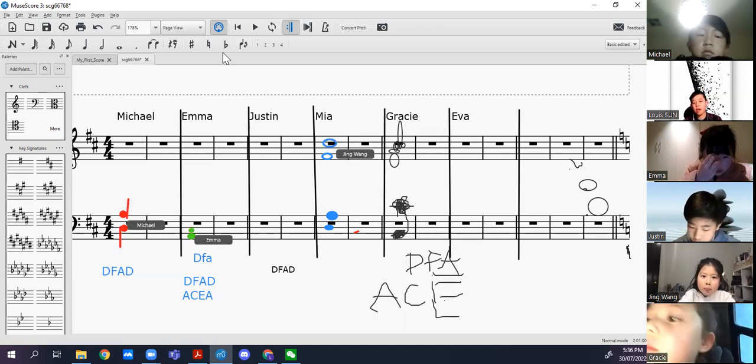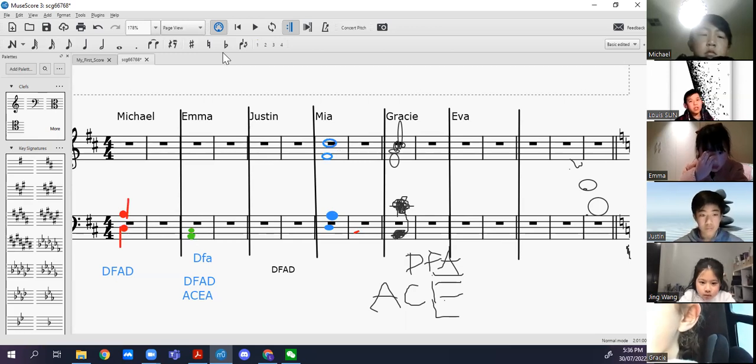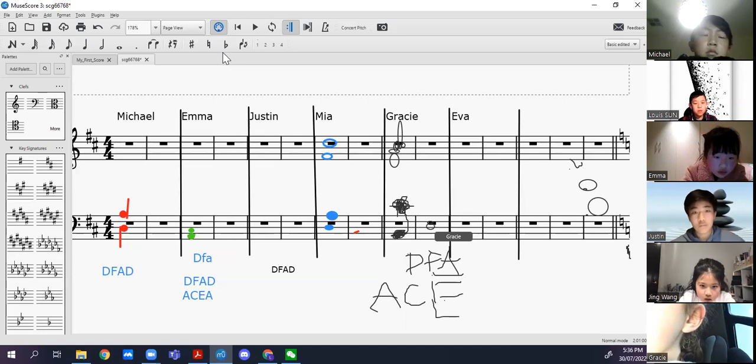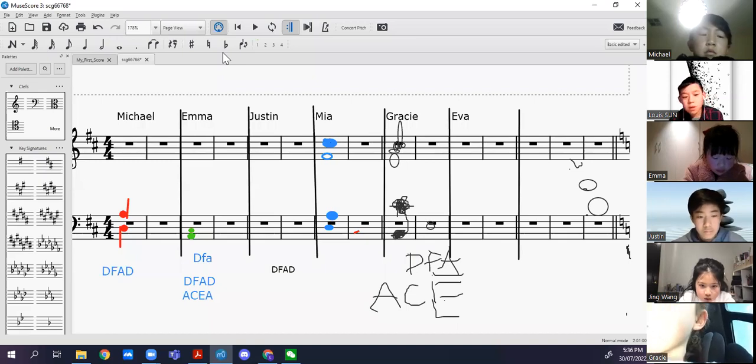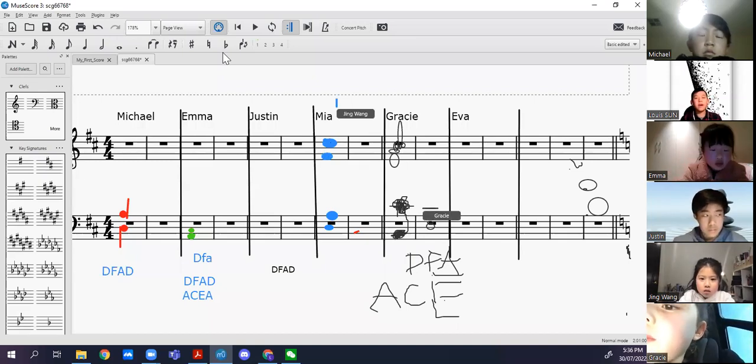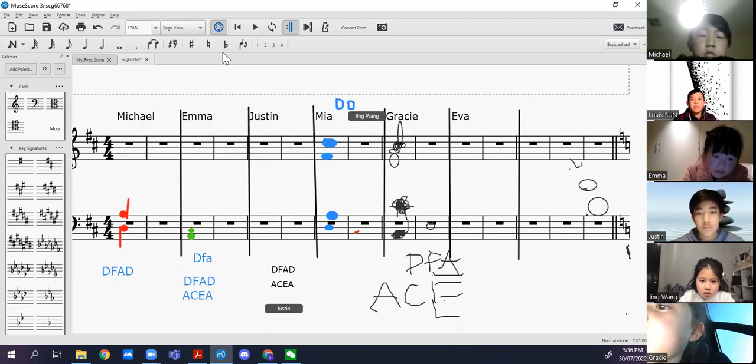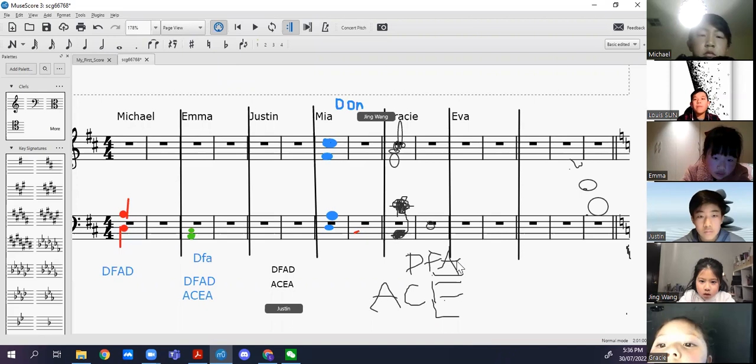So that's your dominant triad of D major. And what's the tonic triad of D major? D, F, A. D F A? Yeah. Okay, yeah, that's right.